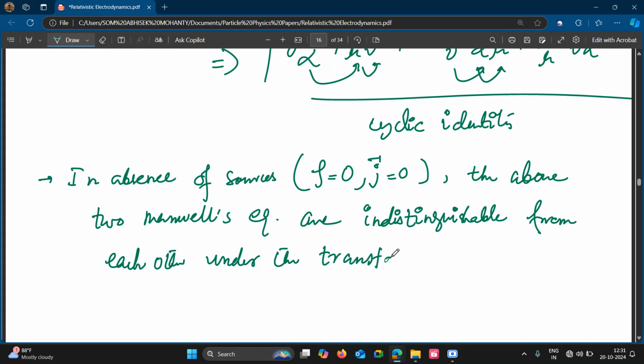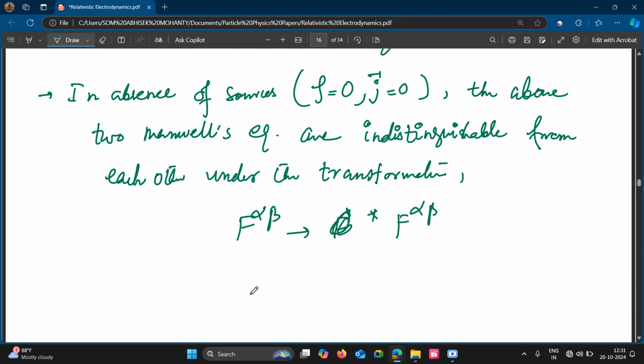What is the transformation? F alpha beta goes to star F alpha beta. This is one transformation, and what does it mean?